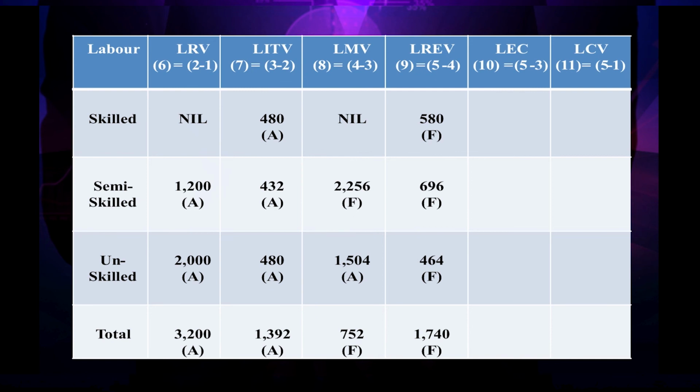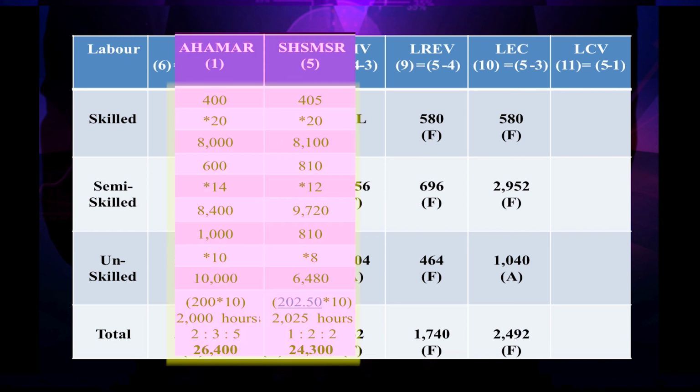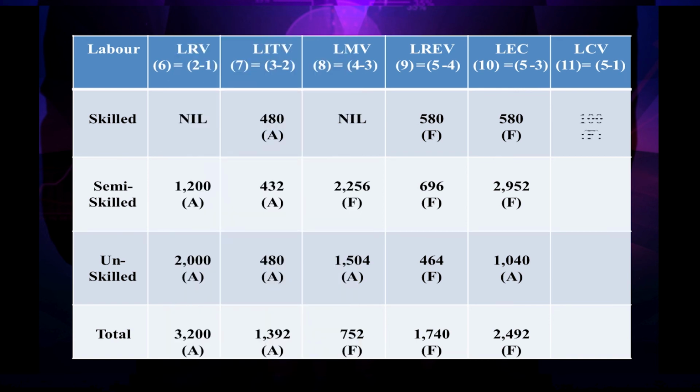It is 580 for skilled, 2952 for semi-skilled favorable, 1040 adverse for unskilled and the total for all the 3 labors is 2492 favorable. The last column LCV is column number 5 minus column number 1. For skilled labor it is 100 favorable, semi-skilled 1320 favorable, unskilled 3520 adverse, the total is 2100 A.